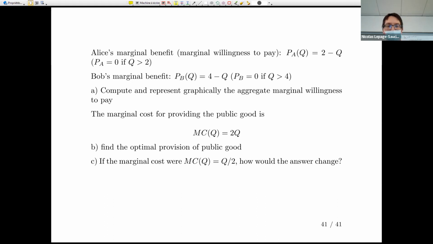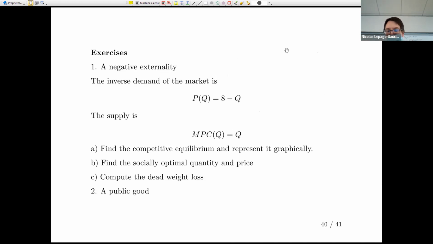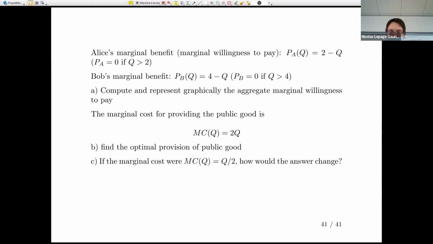So we have two people. And this is a marginal benefit or marginal willingness to pay. So I could write it MWTP, or here I just wrote it P of Q, because anyways, that's a price. So it's how much she is willing to pay for some public good. If you want to see what's coming before, it's just a public good. All right. Oh, by the way, am I sharing the right screen? Just verify. Yeah.